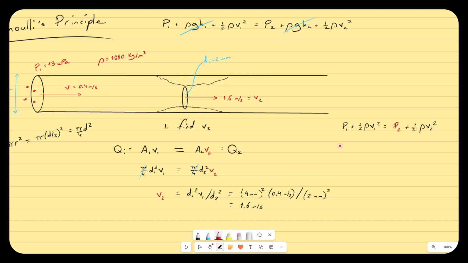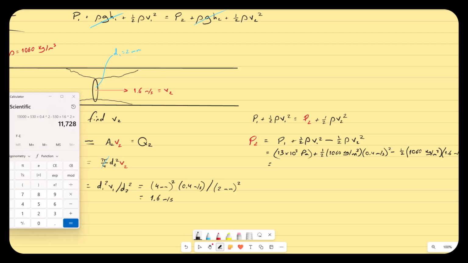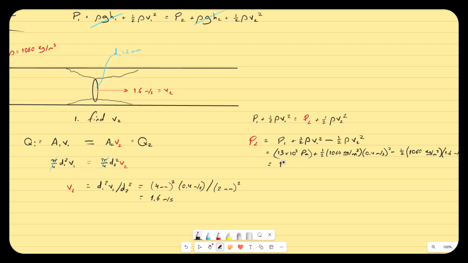So my pressure 2 works out to be 11,728 pascals, which if we had 13 kilopascals to start with, we are going down. I mean, we could probably say 11.7 kilopascals. So that's how that worked for a horizontal pipe, which was really an artery. Let's do a different one.